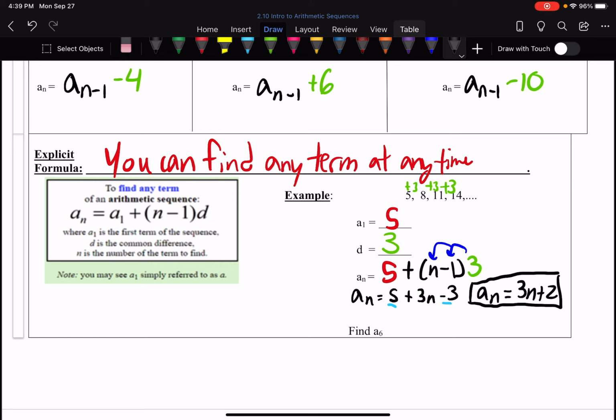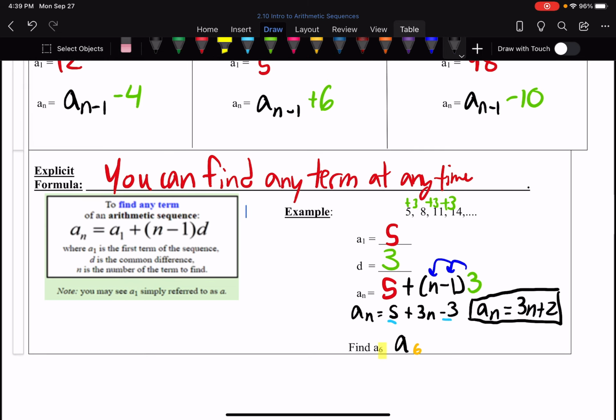Now it's asking us to find a sub 6. So it's asking us to find our 6th term in this case. Anywhere I have an n in my explicit formula, I'm going to replace it with 6. So a sub 6 is equal to 3 times 6 plus 2.